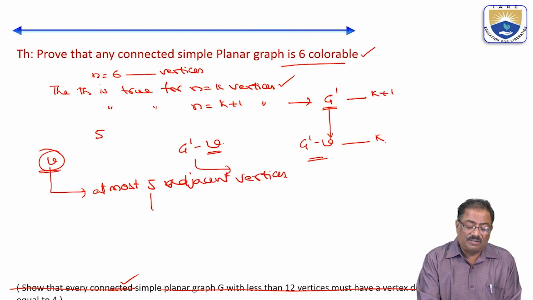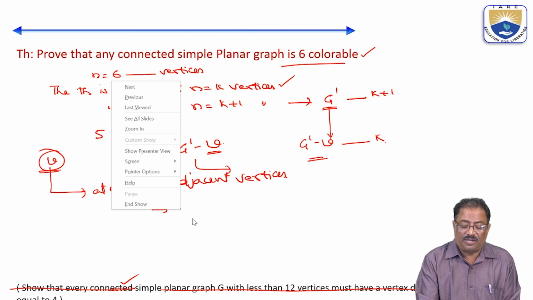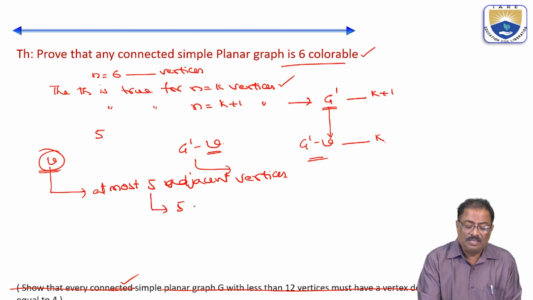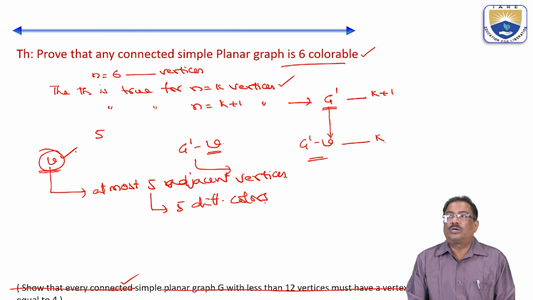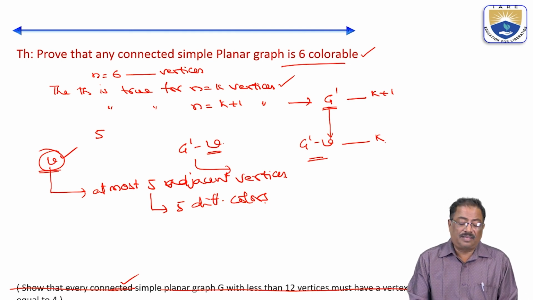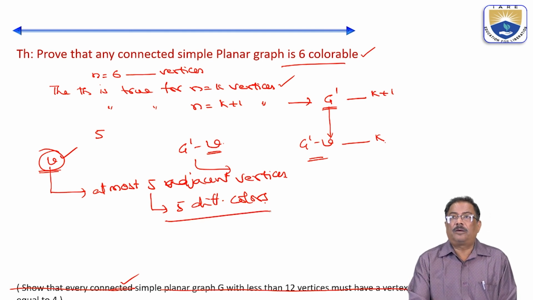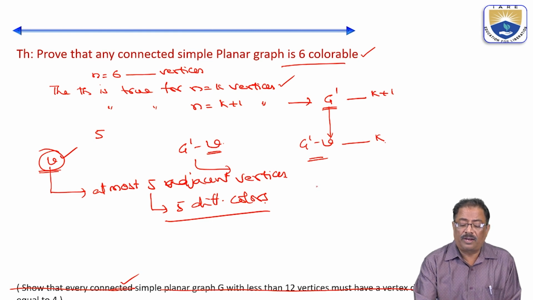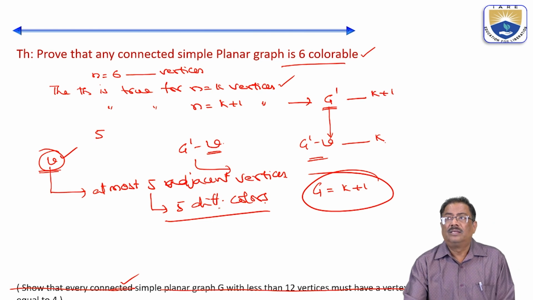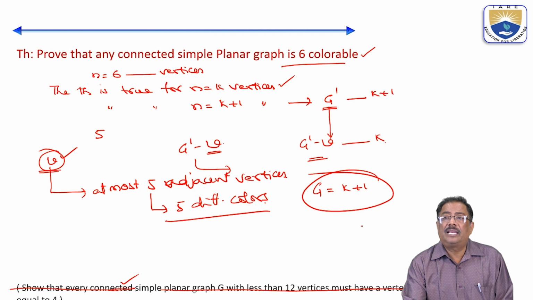So for all 5 vertices, if I am going to assign 5 different colors, and for V, if I assign another color, then the graph is also 6 colorable. So the theorem is true for the graph which is having k plus 1 vertices, so the theorem is true for any number of vertices.